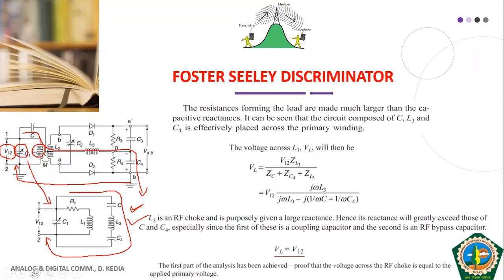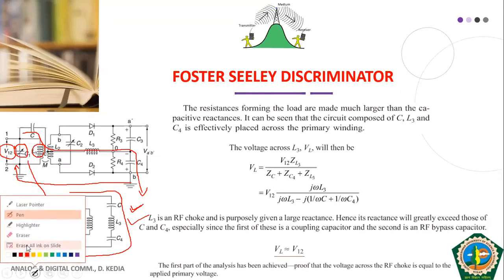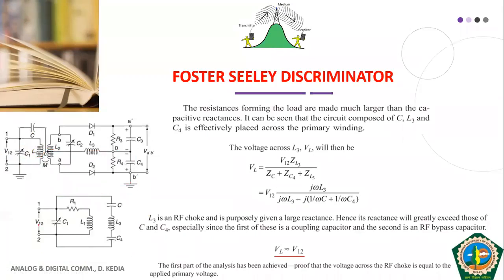Now let us analyze this circuit. It is very, very simple. We have V12 appearing in parallel across C1 and R1, L1, and the same V12 appears across the series combination of C, L3 and C4.